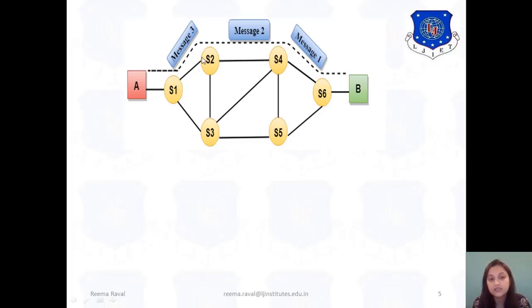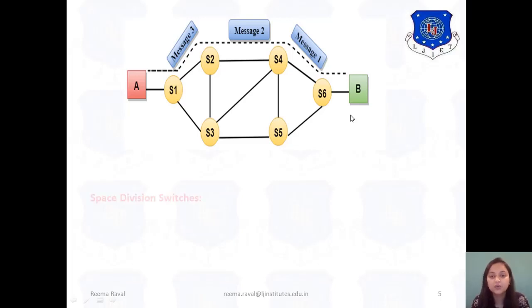Similarly, it can travel through S1, S2, S3, S5, S6, or S1, S2, S3, S4, S5, and then S6. So there are multiple paths available for any data to be sent from A to B. Here, the path S1, S2, S4 and S6 is selected. After the path is available, the messages are transmitted. Message 1 is transmitted first, so it is delivered first to the receiver B.